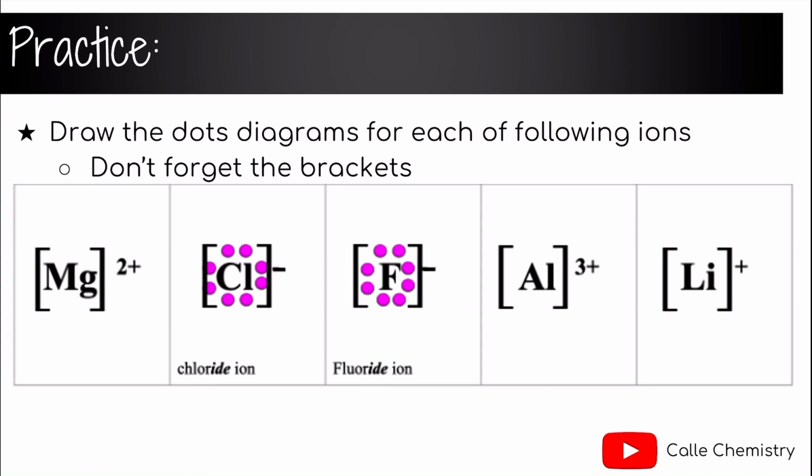So magnesium has a positive 2 charge, meaning that it lost 2 electrons. Magnesium initially had 2 valence electrons, but it had to lose those 2 valence electrons, so it no longer has any dots around it. And plus, this is a cation.